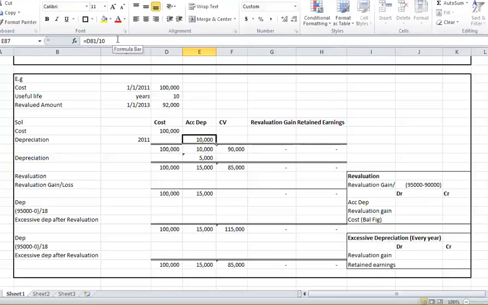So the depreciation is 10,000 pounds. Total cost is 1 lakh, depreciation is 10,000, and carrying value is 90,000 pounds. Let's move towards 2012.